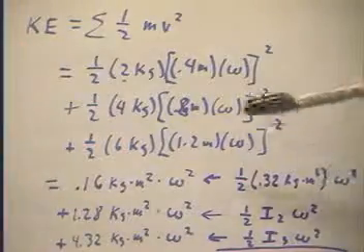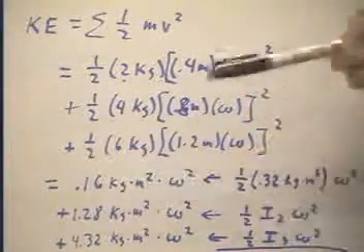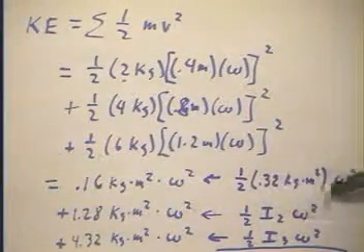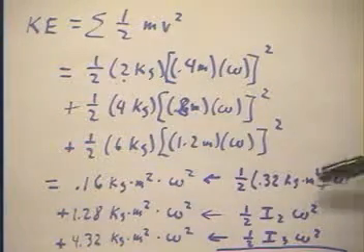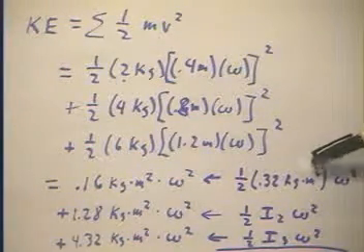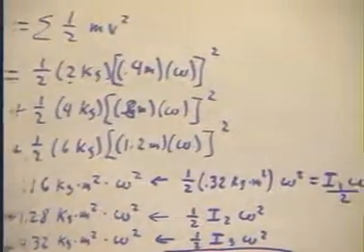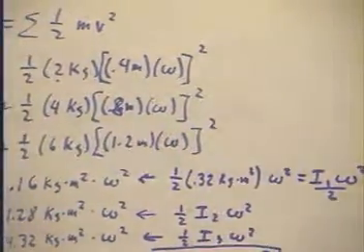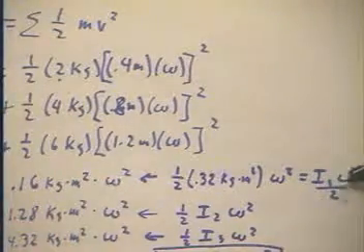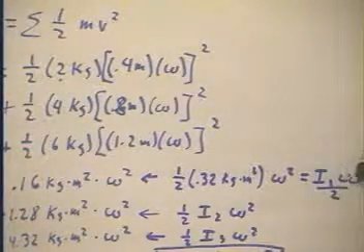Now we note that 0.16 kilogram meters squared is half of the 0.32 kilogram meters squared moment of inertia of the first hoop. So we say that that's I1 omega squared over 2, or 1/2 I1 omega squared.